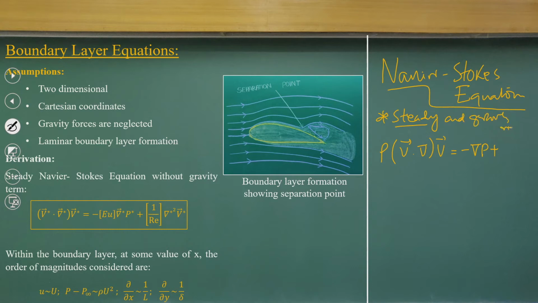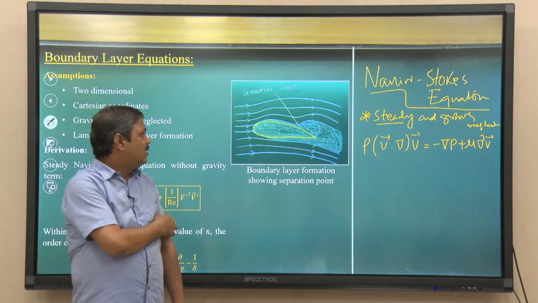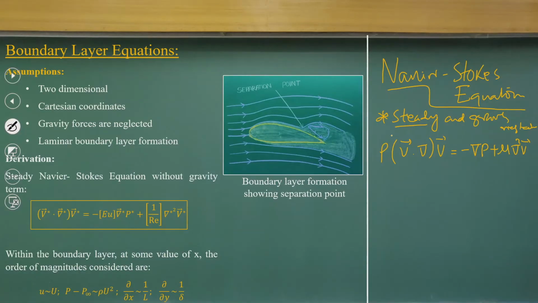Okay. If gravity is neglected, the viscous force component will be mu del square v. That is what we have in the Navier-Stokes equations, just removing the local acceleration component and the gravity component. So, we will have an equation in this form.